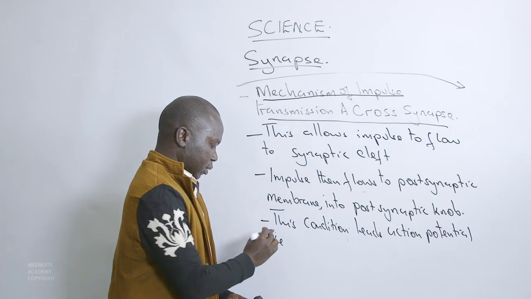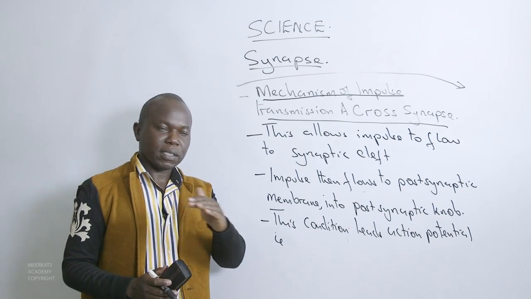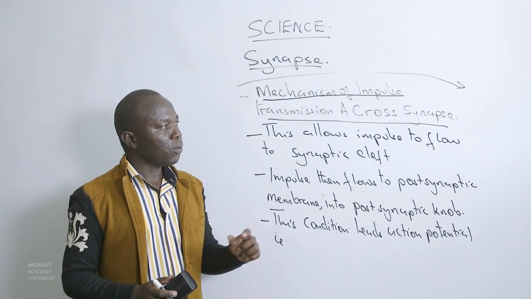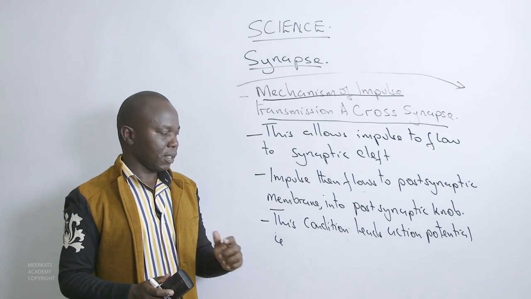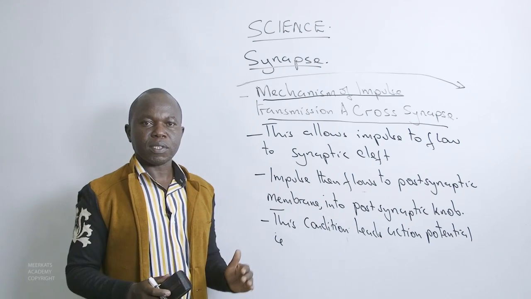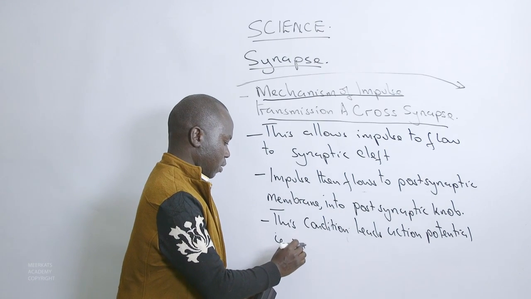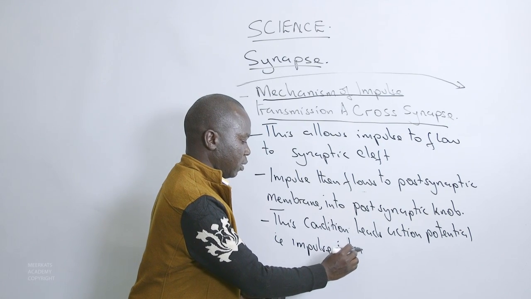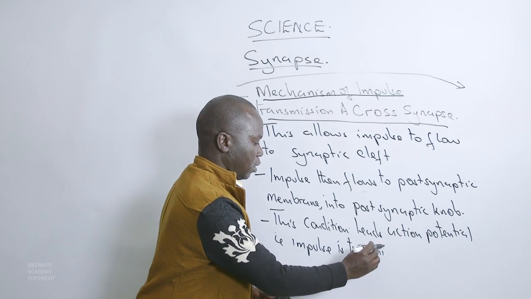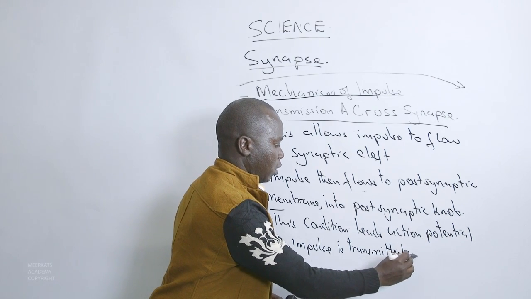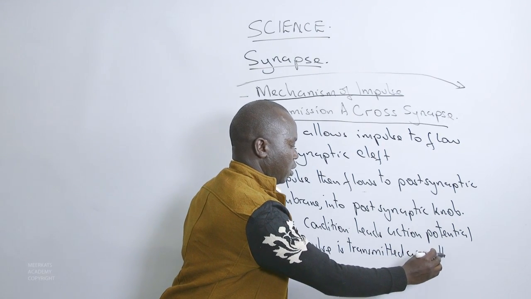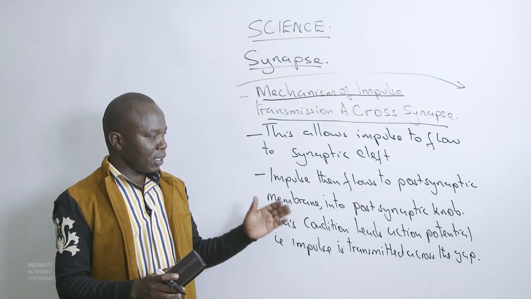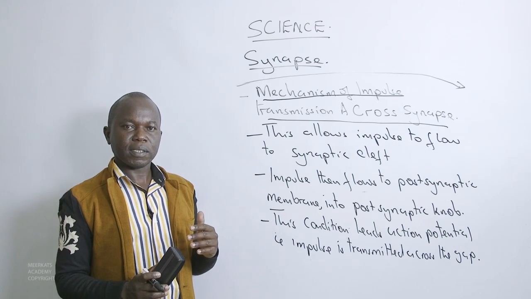In other words, action potential is just that state where an impulse can now flow without any hindrance. Impulse is flowing across the gap. Impulse is transmitted across the gap.